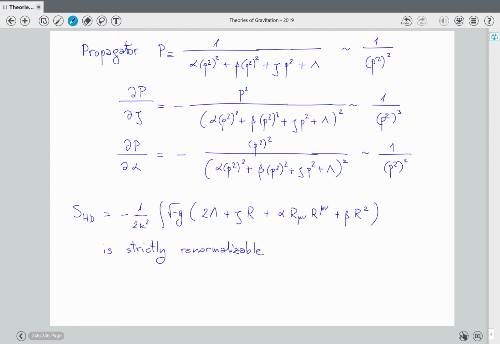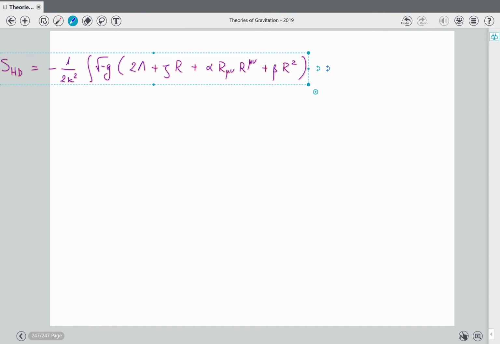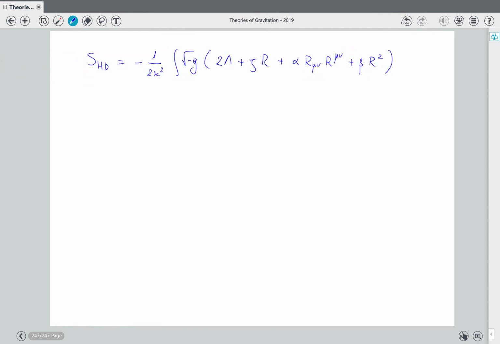Are there ways to make the theory more renormalizable? Yes, if you want, you can make it even more renormalizable by adding more quadratic terms. So one thing you can do is to add the terms that have dimension 6 and are quadratic.